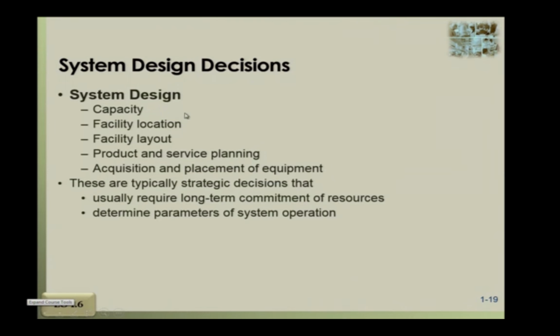Most of these decisions are strategic decisions. By strategic, we mean long-term commitment of resources. So we have strategic versus tactical. If you don't know the difference, strategic is long-term, tactical is usually short-term.